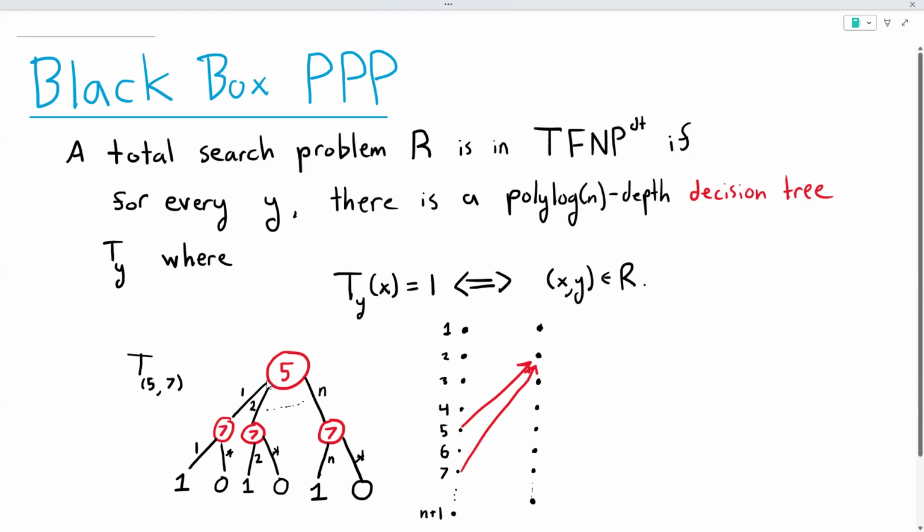Let's suppose that it goes to hole 1. Then we'll query pigeon 7. And if 7 also goes to hole 1, then we'll output 1. And if it goes to anything else, and this is what I mean by star, we'll output 0. And this procedure continues for any other option that 5 may go to. Okay, so it is easy to see that pigeon itself is in TFNP^dt.